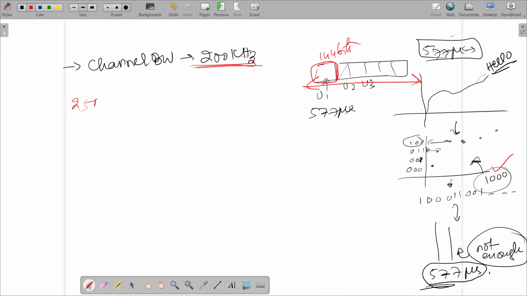Here, 25 megahertz divided by 200 kilohertz. How many channels will we get? 125 channels. We usually call them ARFCNs, Absolute Radio Frequency Channel Numbers.